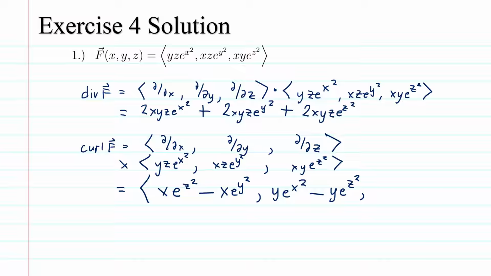Then, the third component is the partial with respect to x minus the partial with respect to y. So that is z e to the y squared minus z e raised to x squared. So that's all there is to computing the divergence and curl.